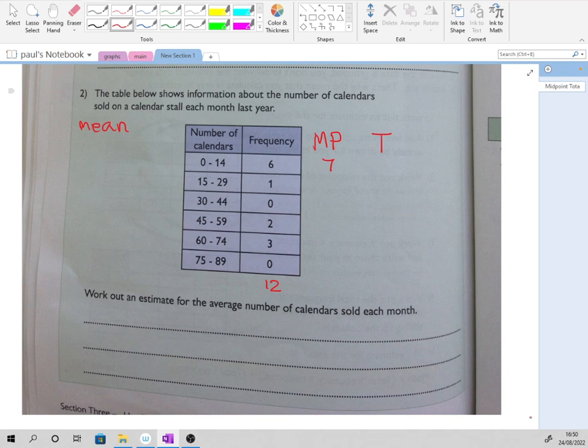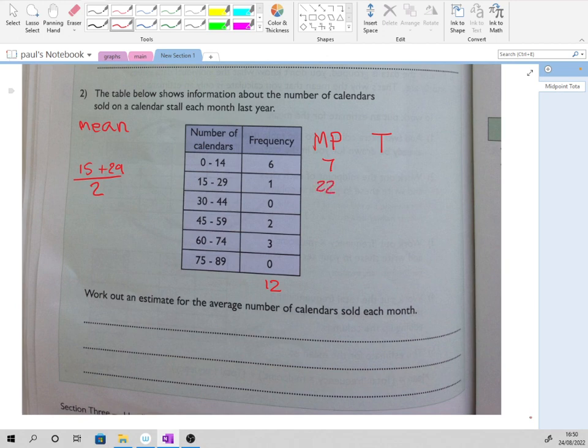Now, I'm going to do this 15. Here it is. I'm going to do 15 plus 29 divided by 2. So 15 plus 29 divided by 2 equals 22. So that's how I'm finding it out.